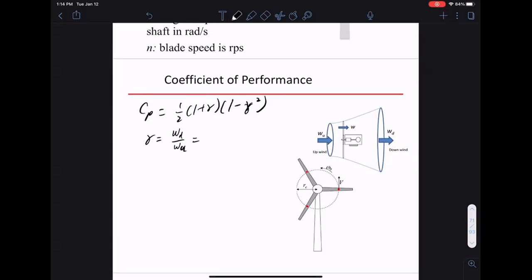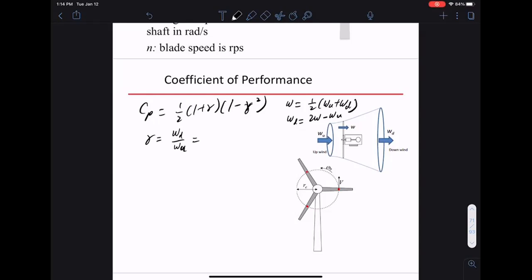recall W as 1/2 of the average of the speed. So I can replace WD as 2W minus WU. That's just another way to write WD.